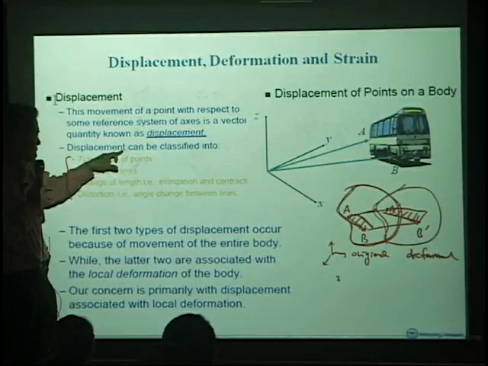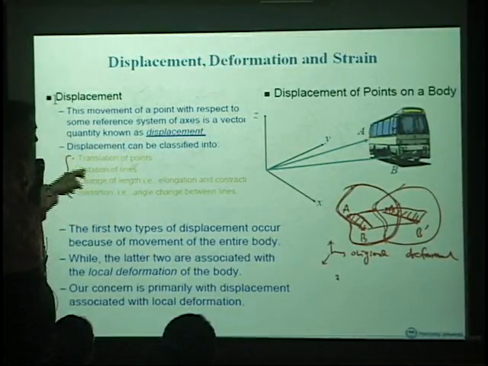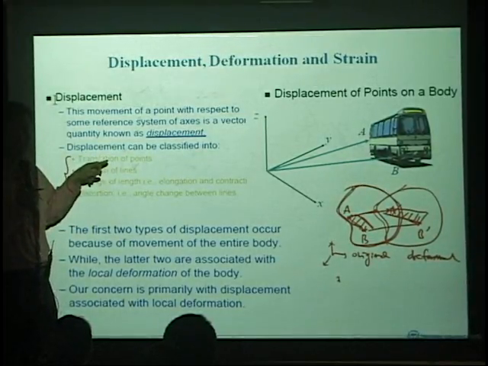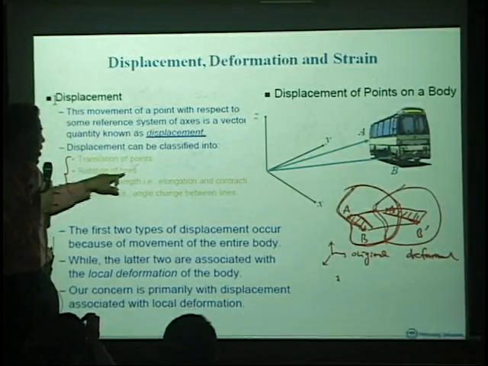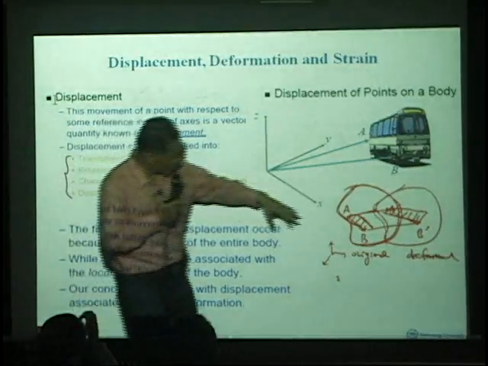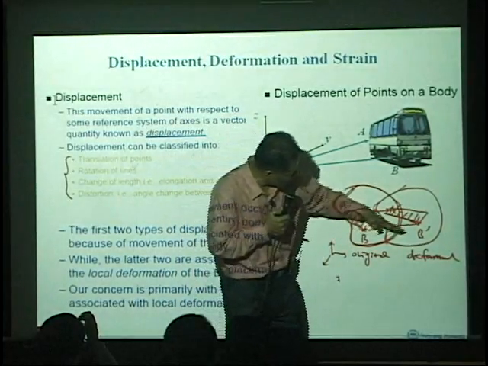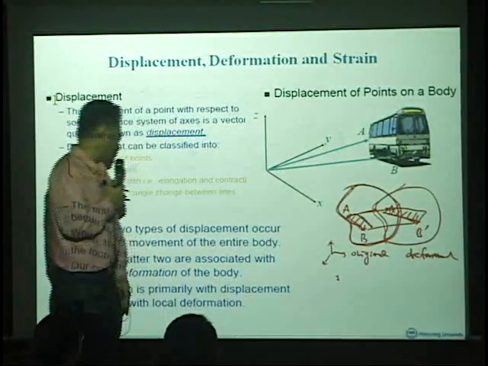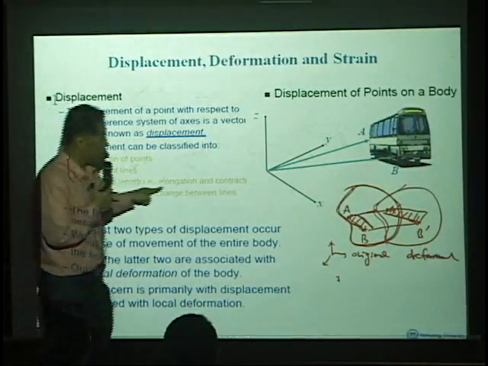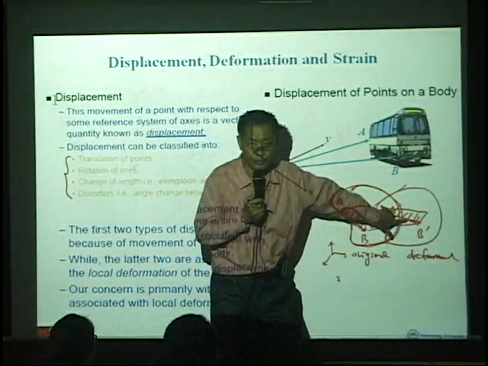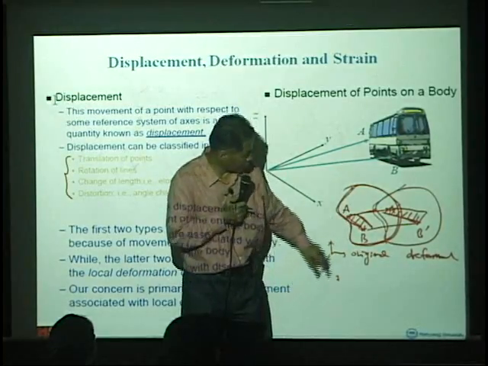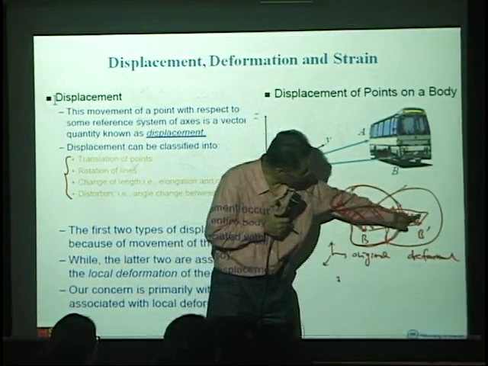displacement consists of 4 different things: translation, where the body just moves, and rotation of lines. And as you can see, this line is rotated. And change of length: this length is extended here. And distortion: this angle has also changed.